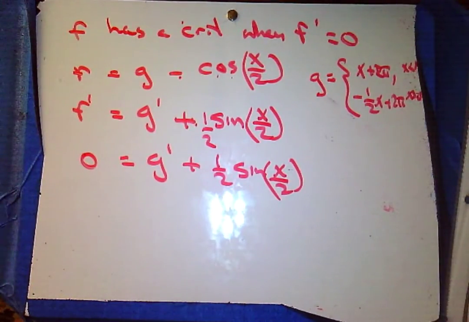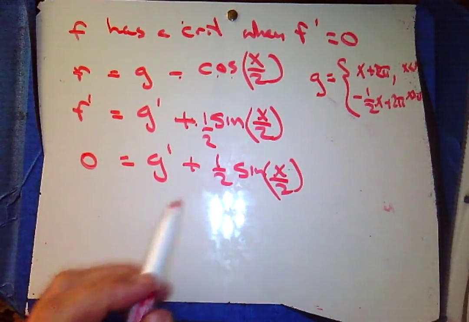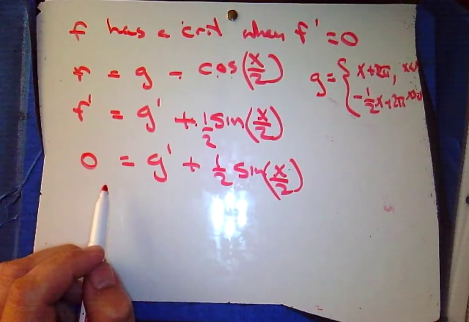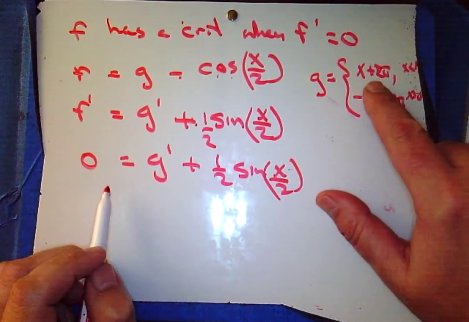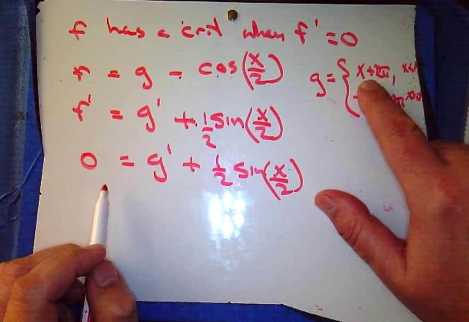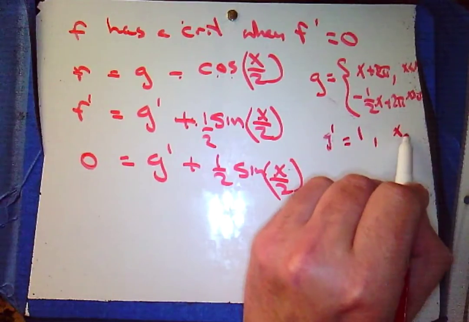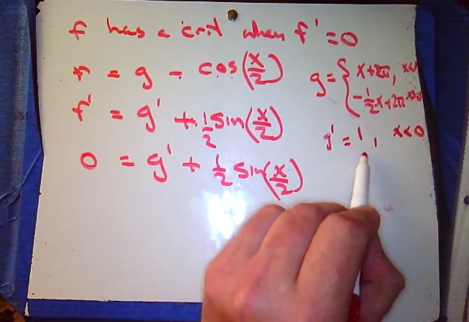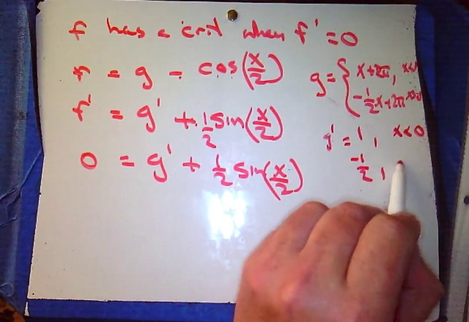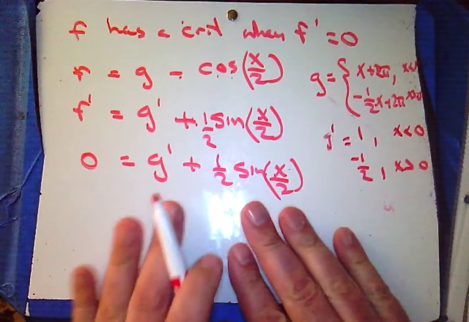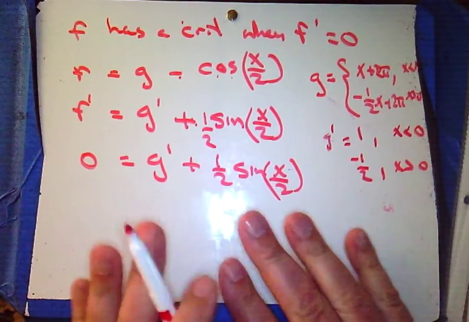So what I need to think about is breaking this problem into two pieces. I'm going to say g prime equals 1 for x values less than 0 and negative 1 half for x values greater than 0. I'm going to split this problem up into two intervals.